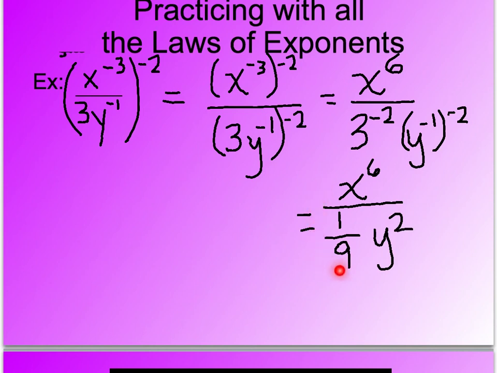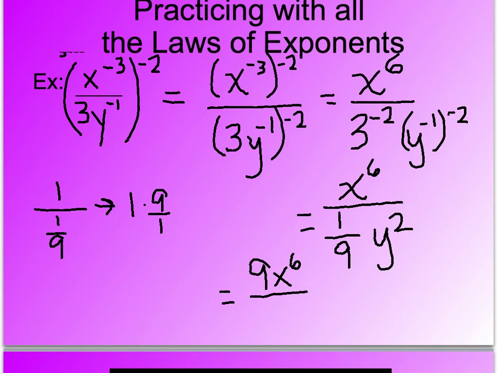Now this is super messy. We don't ever want to leave a fraction in the bottom of a fraction. So remember, this is really 1 divided by 1 over 9, which is really 1 times 9 over 1, which I know is 9. So I'm going to get a final answer of 9x to the 6th over y squared.